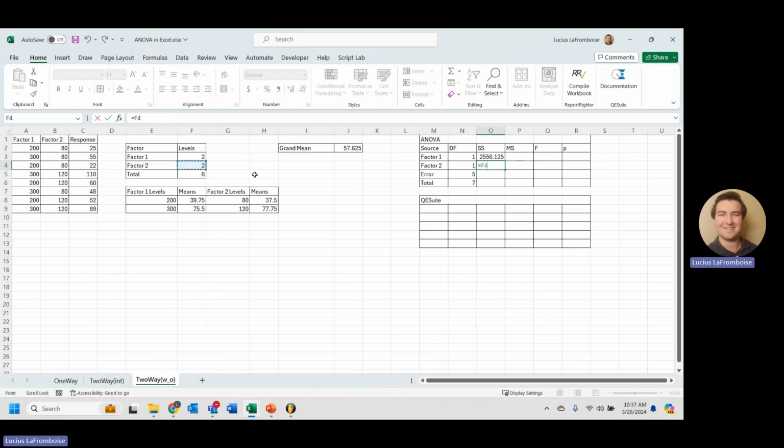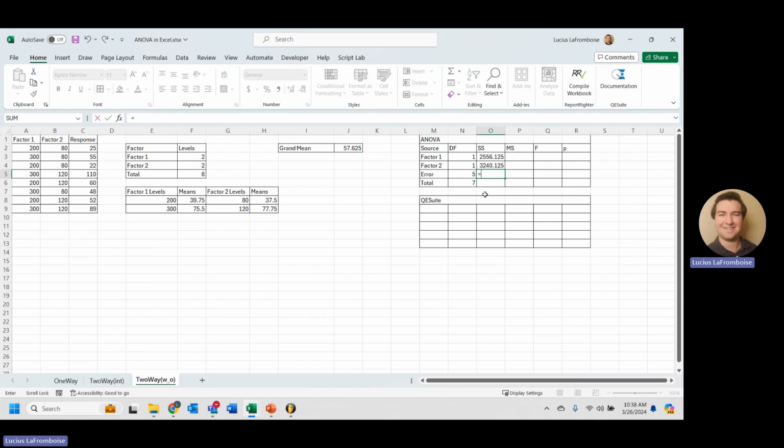Enter. There we go. Again, factor 2 is going to be the same. Level count for factor 2 times open parentheses total n over open parentheses factor 1 level count times factor 2 level count. Close both of those up times the sum square of our means minus our grand mean.